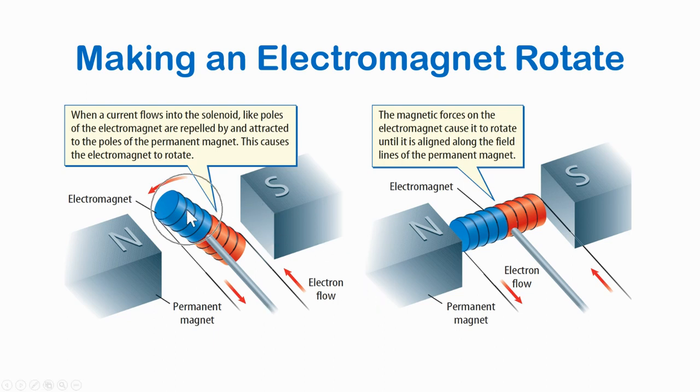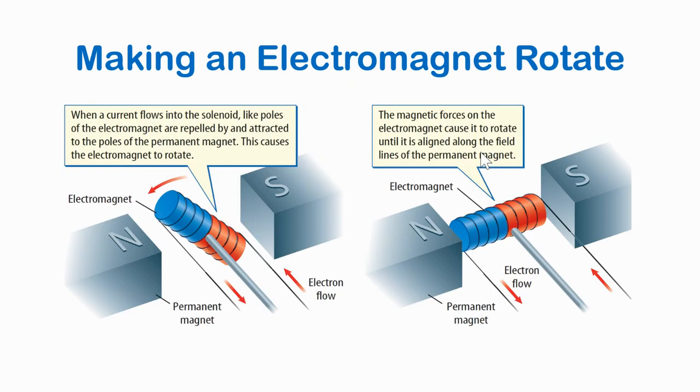The south pole of the electromagnet would then be attracted to the north pole of the permanent magnet. So it gets pushed away over here and attracted over here. So the magnetic forces on the electromagnet cause it to rotate until it's aligned along the field lines of the permanent magnet. And then the rotation stops.